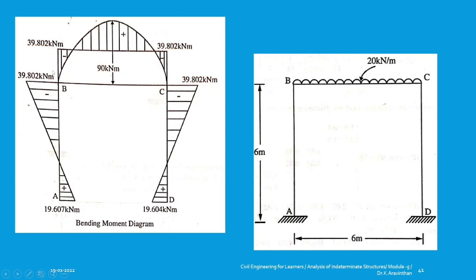This is the negative moment, and the positive moment is 90 at the loaded area. Now you can strike off the values, and this is your net bending moment. So by these steps, you can find the bending moment of a framed structure. You can observe here for this problem that the procedure is same. It does not change.